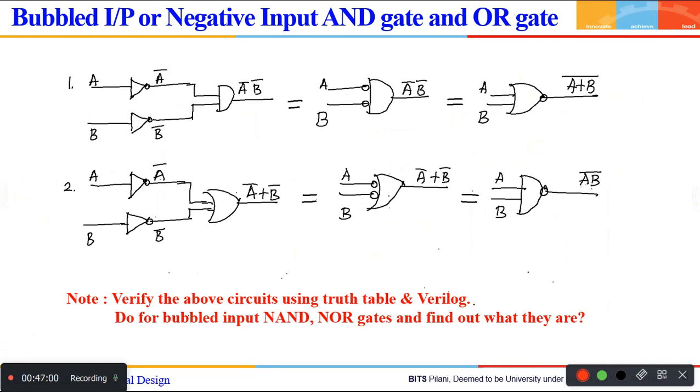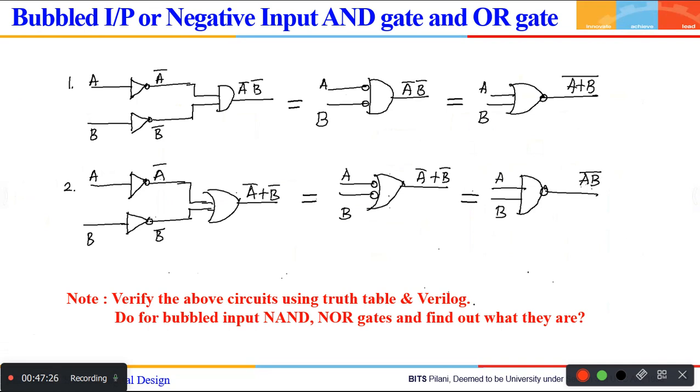Now, what is required from a fabrication point of view is that all these things are implemented using a single gate. If I have a NOT gate, I should be able to implement the NOT gate using one gate. If I have an OR gate, I should be able to implement that using the same gate.